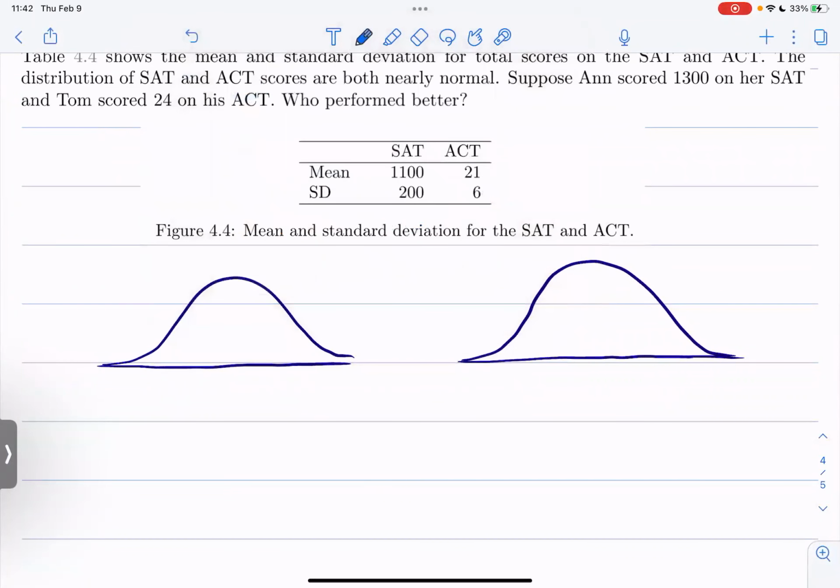What I'm going to do is jot down where the mean is, and maybe I shouldn't use such a bright color. The mean for the SATs versus the ACTs. The mean was at 1100. And the ACTs had a mean of, so mu is 21.